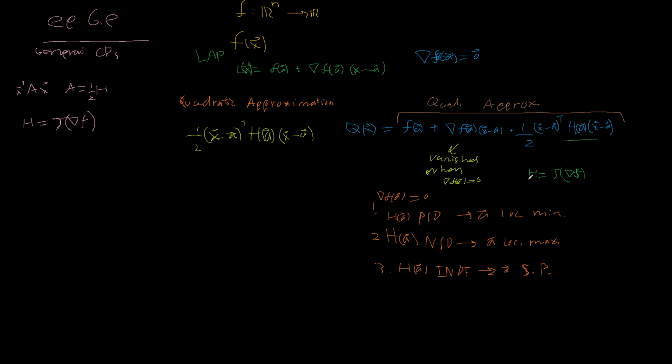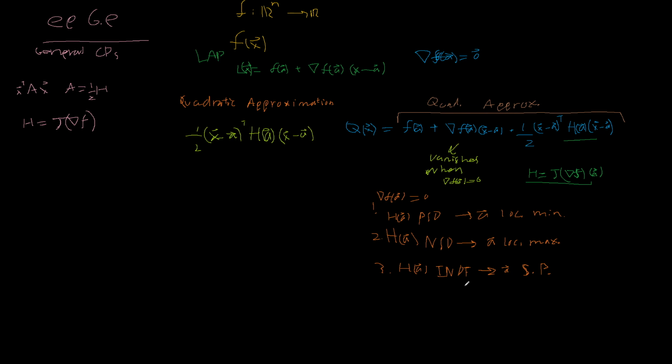Then we find the eigenvalues of the Hessian, and that will tell us whether it's positive semi-definite, negative semi-definite or indefinite.